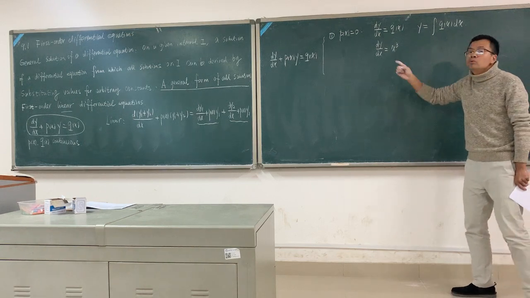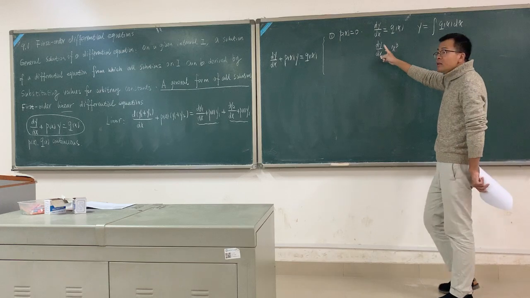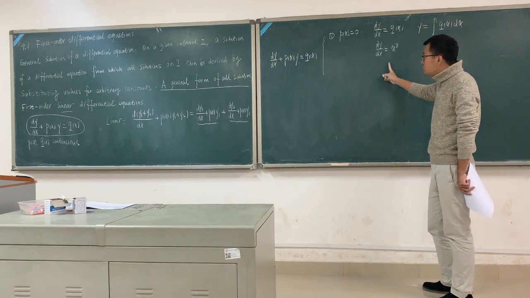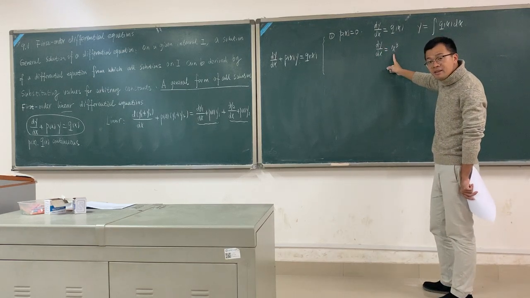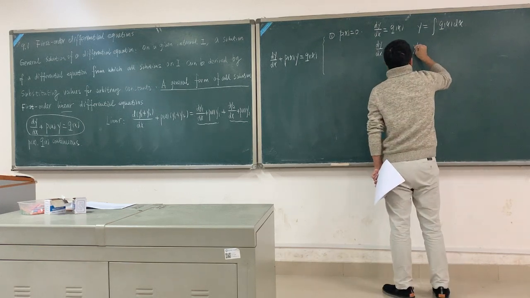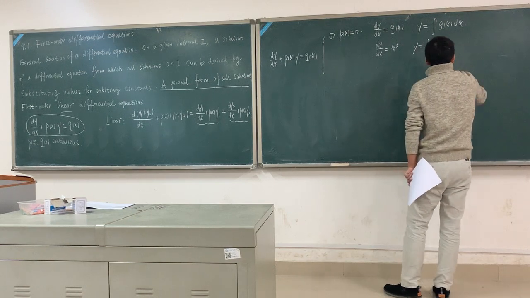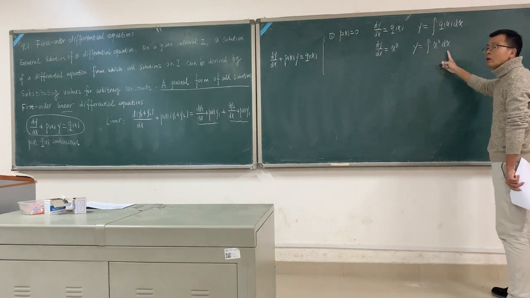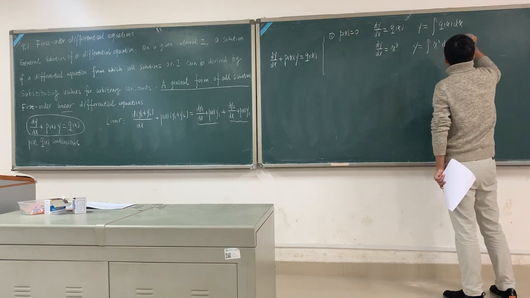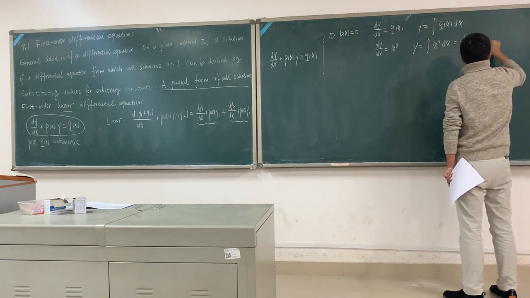So y equals what? y is the antiderivative of x cubed, which equals 1/4 x to the 4th power plus a constant c.